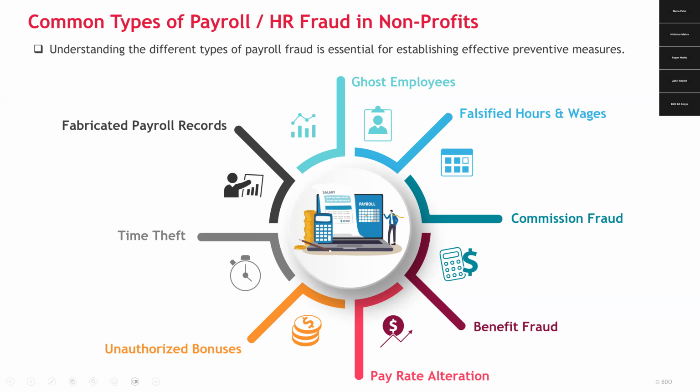This is essential because it helps us establish effective preventative measures. These fraud practices can range from minor to substantial and huge, involving schemes such as falsification of hours or even manipulation of payroll data.